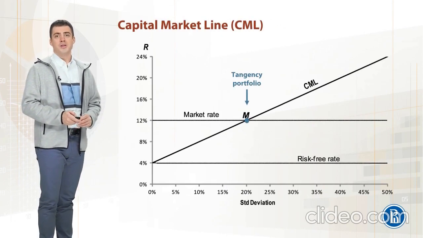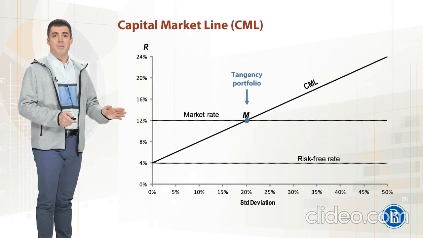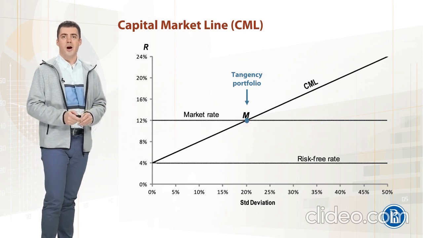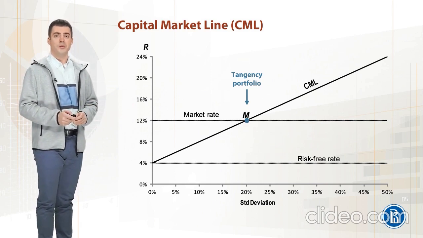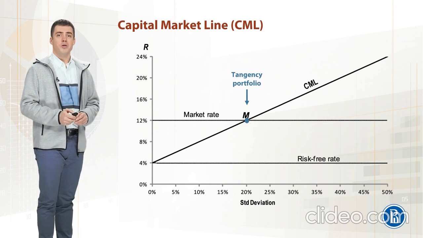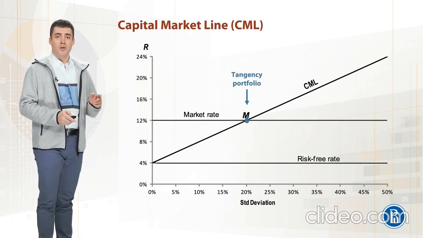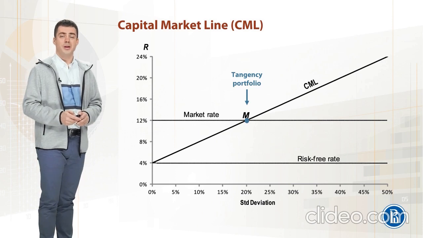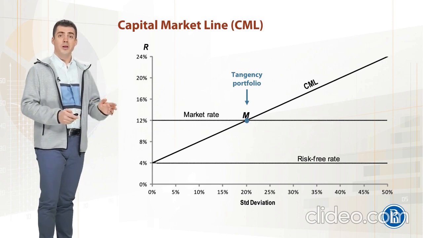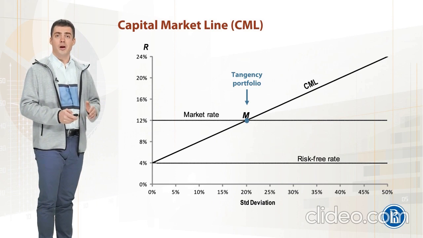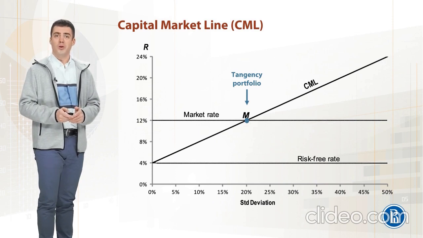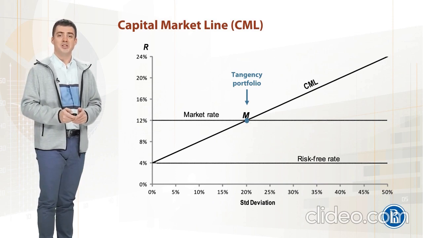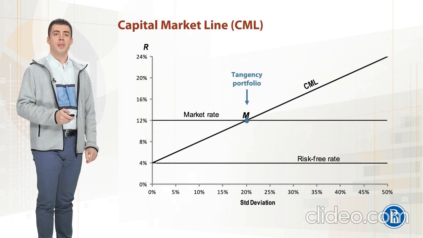In order to start, let's remind ourselves about the key implications of the Harry Markowitz model. As we remember, the optimal set of portfolios lie on the capital market line, where all the investors hold the combination of the risk-free asset and the tangency portfolio, which is the optimal portfolio of risky assets available in the market.